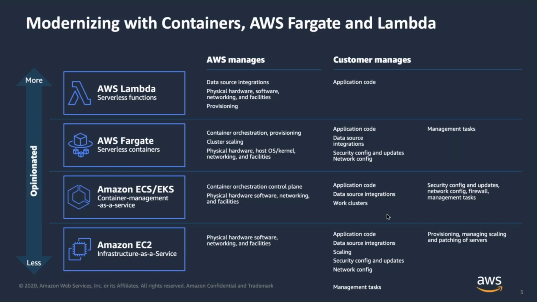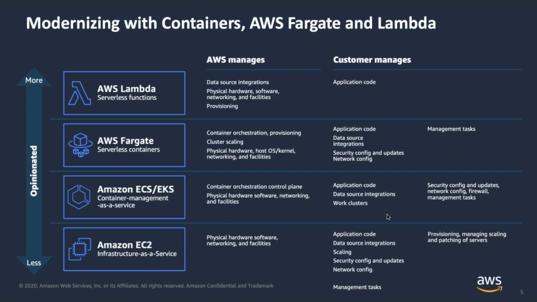Not all companies are ready to give up control of every aspect of their application, so there are other choices in between. Either you containerize your application and run it on instances you manage with Amazon ECS or EKS, or you leverage AWS Fargate, where you containerize your application, you launch it using ECS or EKS, but you leverage AWS Fargate to manage the actual running of your application, so you don't need to manage the compute instances that run underneath.